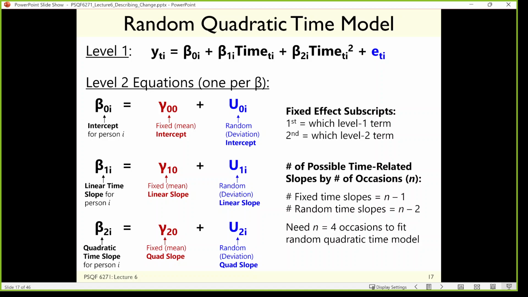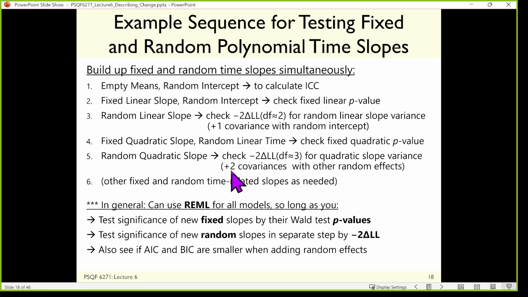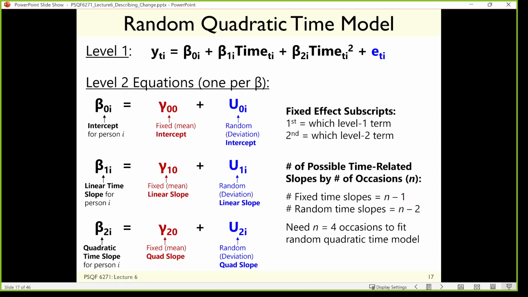Yes. At least 4. And here is why. Y is coming in like 3 slides. I know I have a slide about that. So if it were fixed quadratic random linear, if I did not have this U2, then how many would I need? How many occasions? At least 3. Yep. Very good.